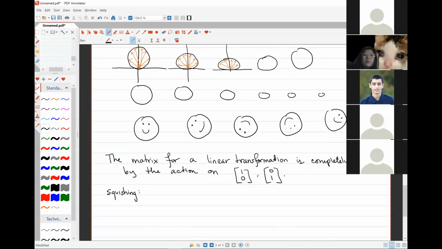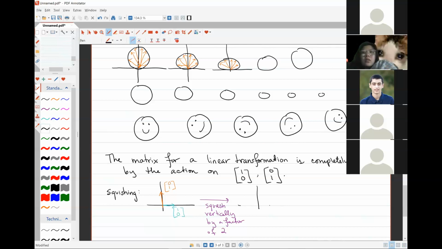So in this case, for squishing the ball, imagine that we perform that transformation on these two vectors, right? So we have a unit vector (0, 1), and another unit vector over here, (1, 0). And if we squash this, let's say by a factor of 2, what's the result going to look like?